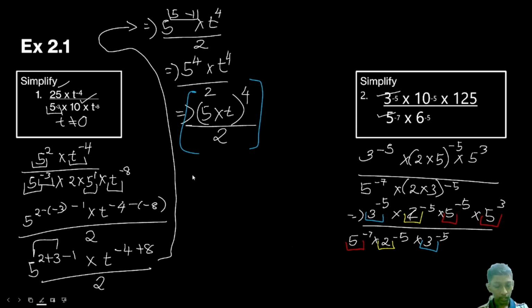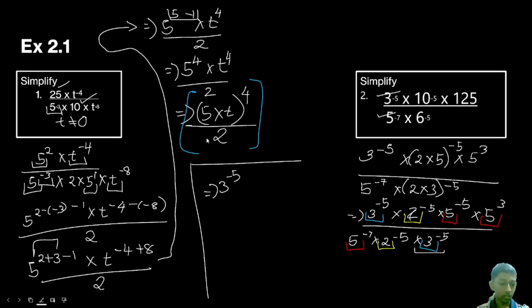So let's write them. 3 raised to the power of minus 5, there is another 3 at the denominator, so this will be minus of minus 5, into 2 raised to the power of minus 5, another in the denominator, minus of minus 5, into 5 raised to the power of minus 5.